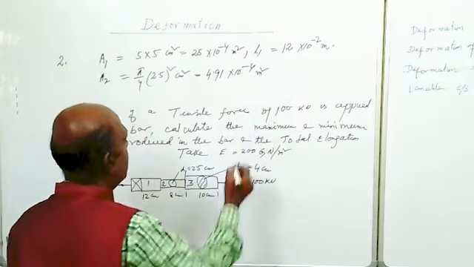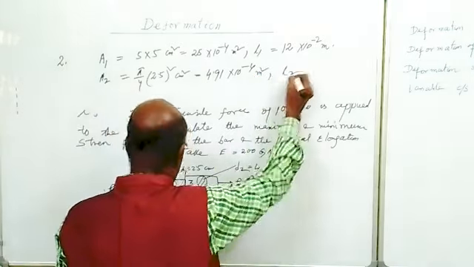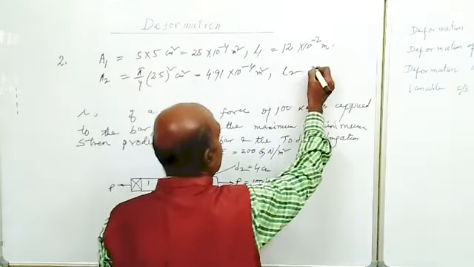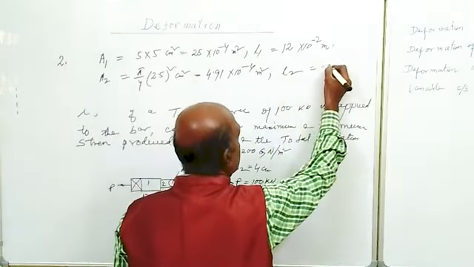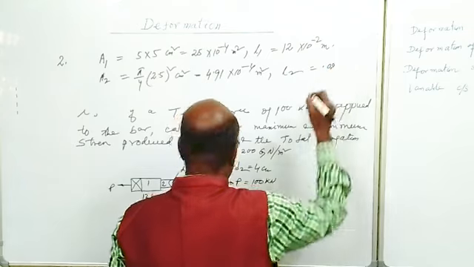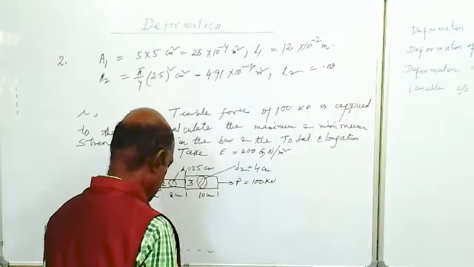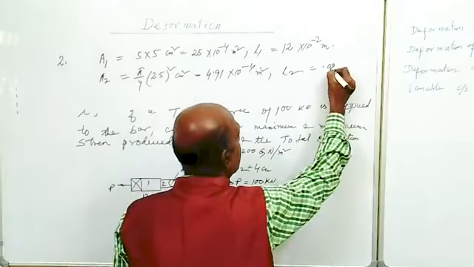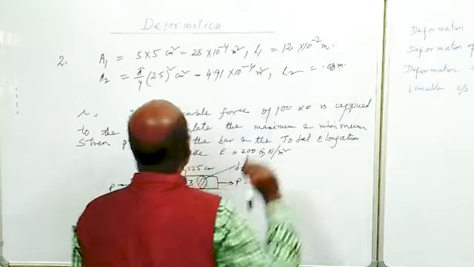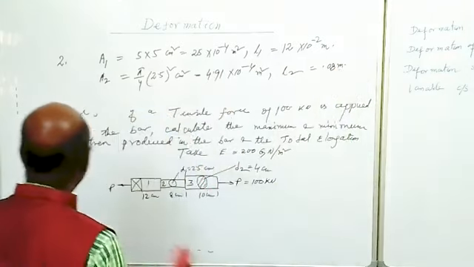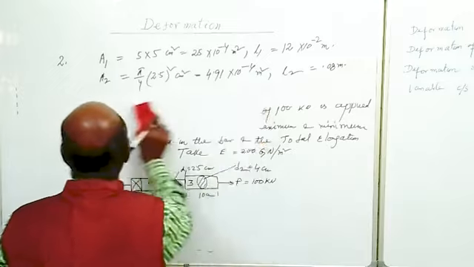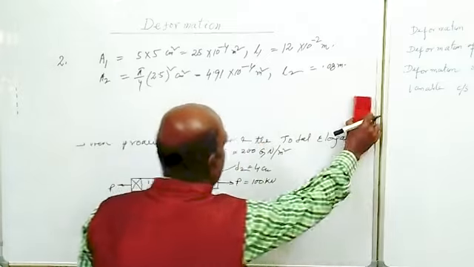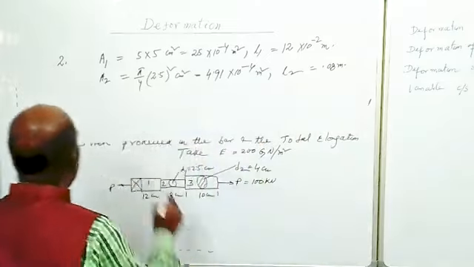And the L2 is given as 8 centimeter, that is 0.08 meter. Okay, so we will see for section 3, that is the third part of the figure.